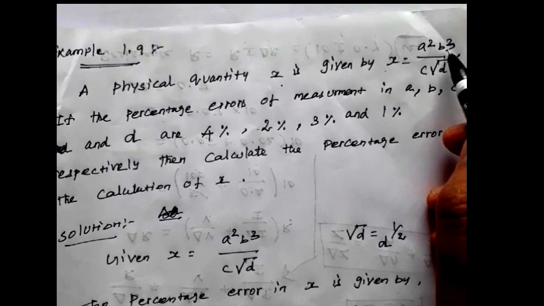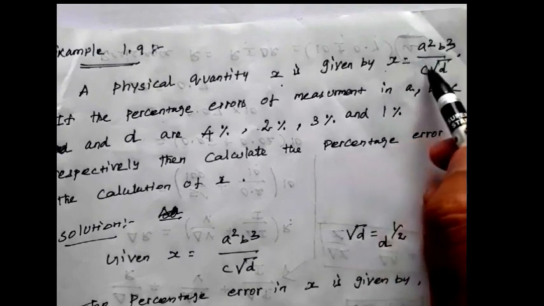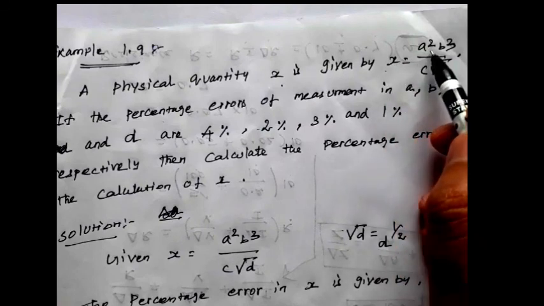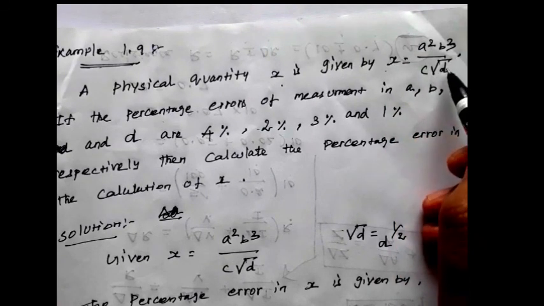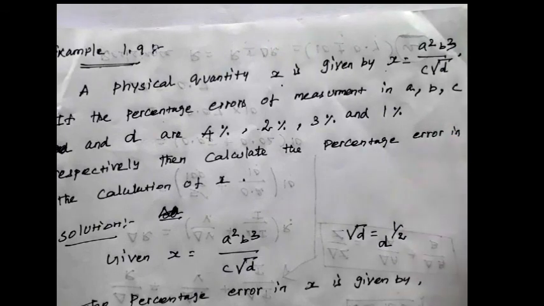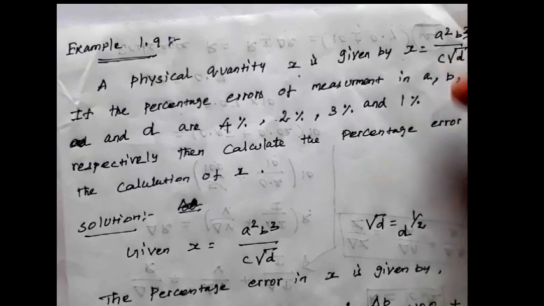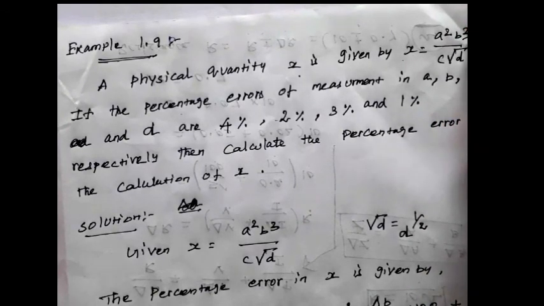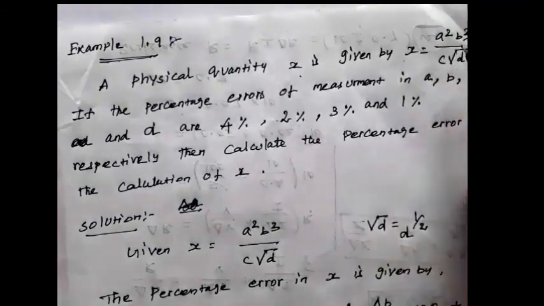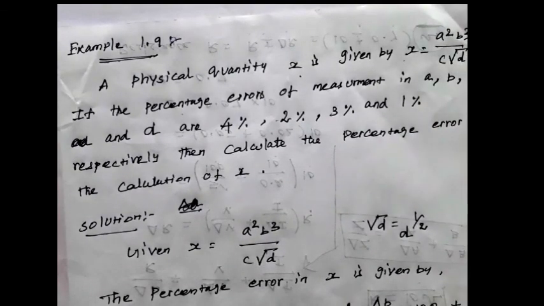In our textbook it is given as b square, just rewrite it as b cube. So x equal to a square b cube divided by c into square root of d. The value of x is equal to a square into b cube divided by c into square root of d.